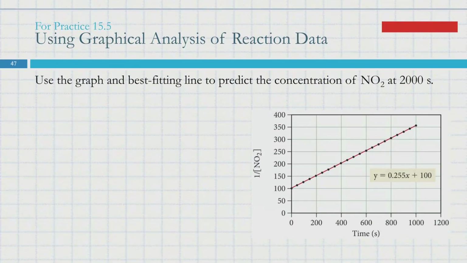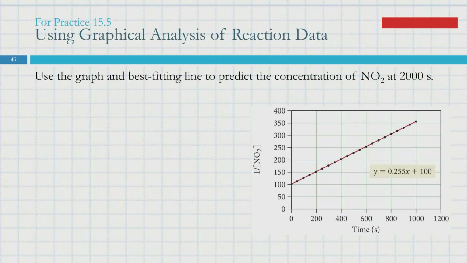We can also use the graph and the best fitting line to predict the concentration, just like we did before. We're going to do the same little trick. So we've got our regression line that's given to us. We're trying to find a concentration at a given time, 2,000 seconds. What is y on this plot?